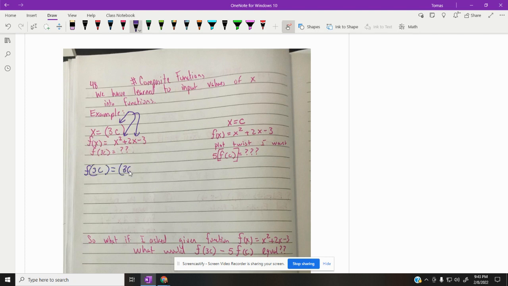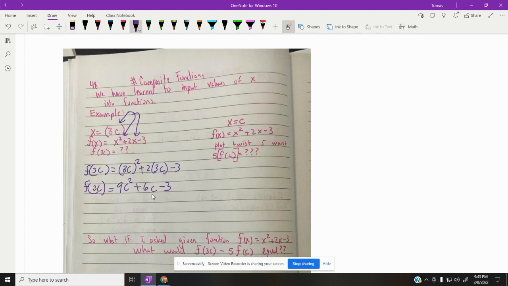So we would put 3c squared plus 2 times 3c minus 3, which 3 squared is 9, c squared is just c squared, 2 times 3 is 6, and so f of 3c is that, right? So it's just kind of like substituting, right?